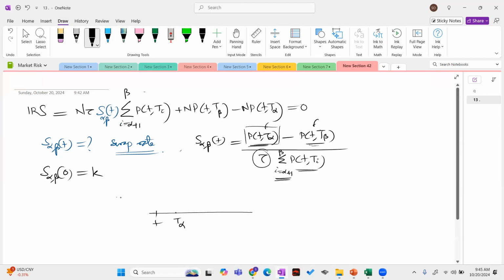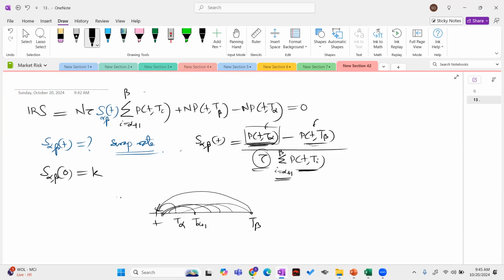T alpha, T beta. This you understood? This is the discounting factor on any day. The last one is this discounting factor divided by tau, the sum of discounting factors that starts from T alpha plus 1, guys. Please remember, from here, this plus this plus this plus this plus this.